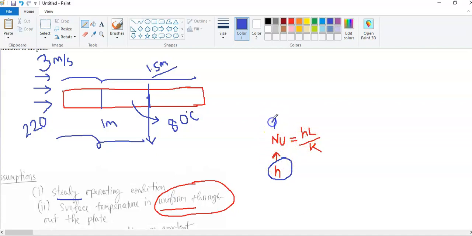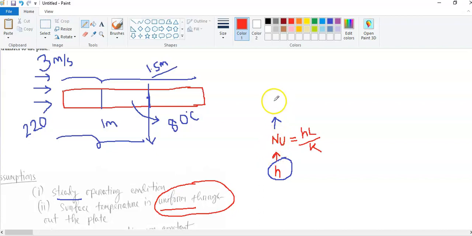But if you actually want to calculate the Nusselt number, then you need to know whether your flow is laminar or turbulent, because for laminar flow, the Nusselt number expression will be different. For turbulent flow, it will be different. So before calculating the Nusselt number, you need to know whether your flow is laminar or turbulent.